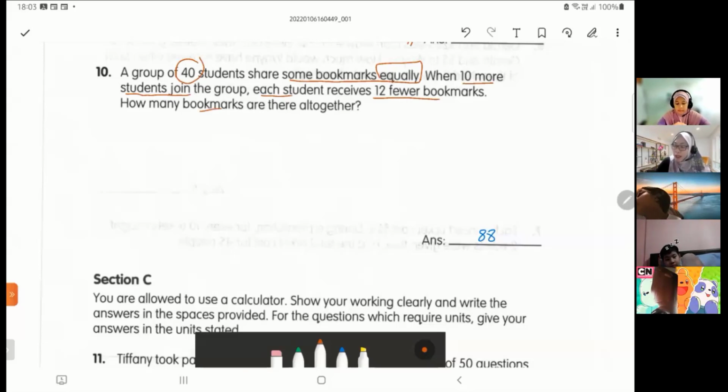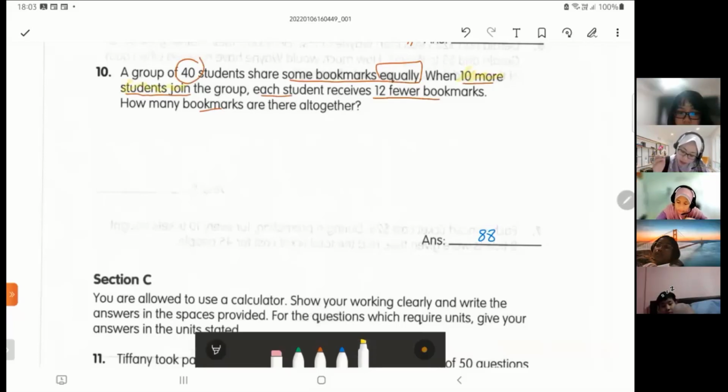Okay, so we need to find out how many bookmarks I have in total because I added on 10 more. Let's find the number of bookmarks shared by the 10 students who joined.